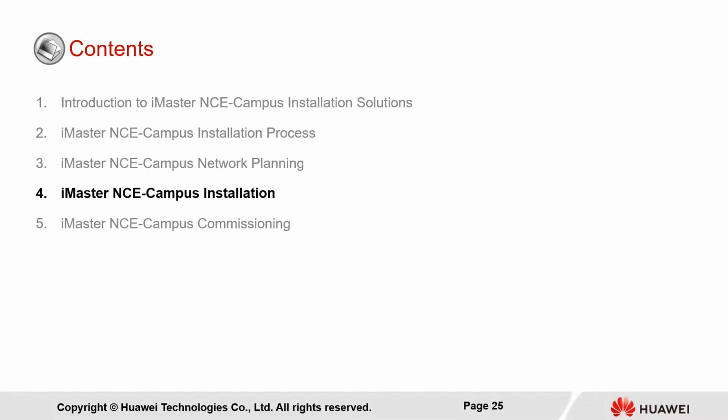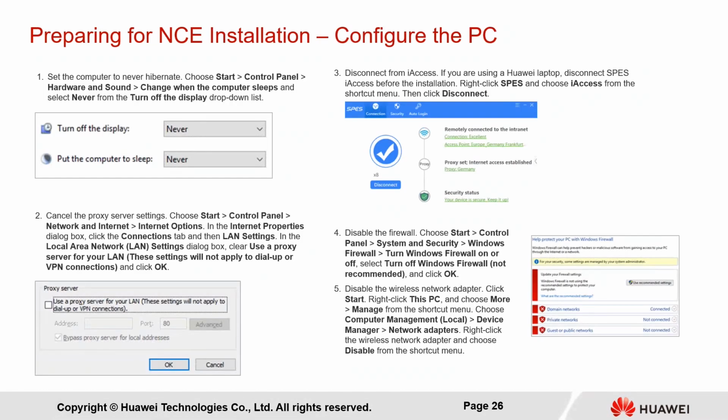Next is NCE-Campus Installation. To install NCE, we need to connect our PC to the server environment. If you find yourself cannot connect to the environment, check your firewall and proxy server settings. Not going to get into details here.